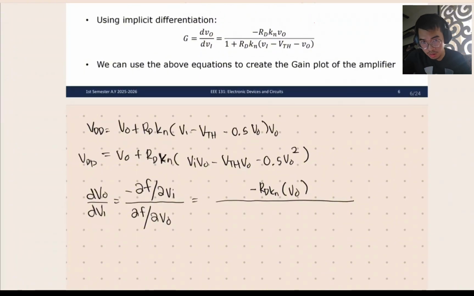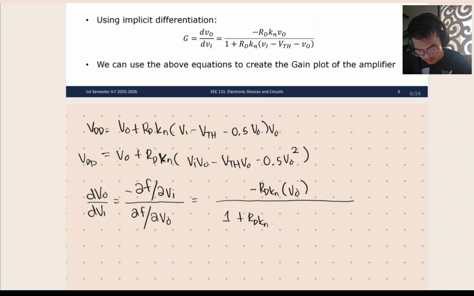Now, for the denominator, let's take the partial derivative of this expression with respect to V out. So we'll treat V out as our independent variable, and everything else will be constant. So the derivative of V out is going to be equal to 1.